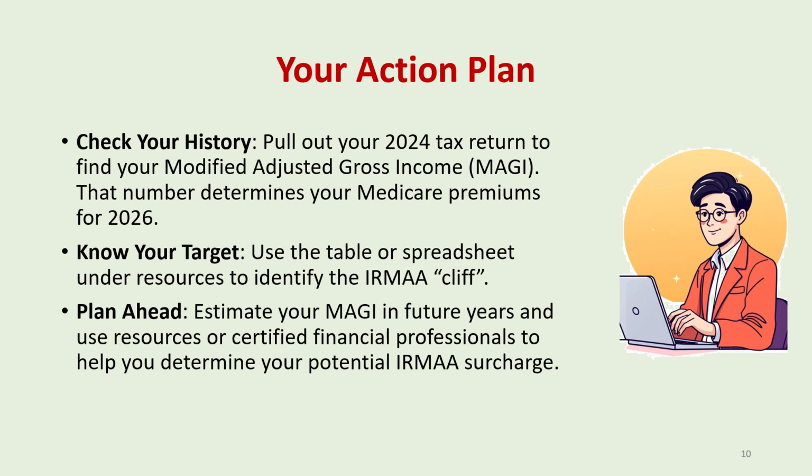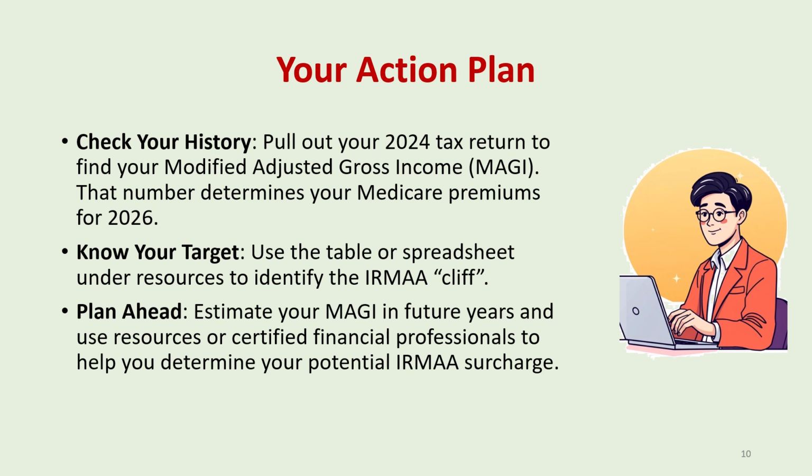Second, know your target. Use the chart on our previous slides or on the links that I provide in the lesson to identify the IRMAA cliff you need to stay under for the current year and for future years. 3. Plan ahead.